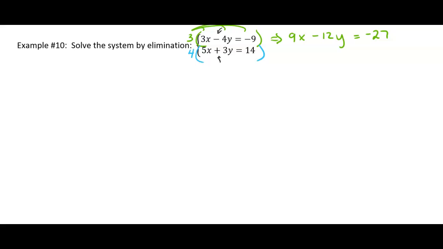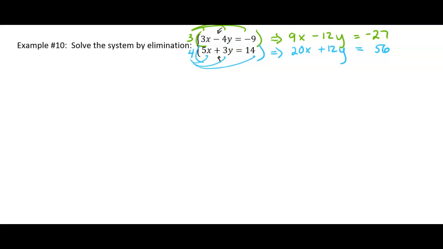The bottom equation is going to change also, and we're going to do the same thing. We're going to bring in that 4 to all 3 parts. So we get 20x plus 12y equals, okay, what's 4 times 14 real quick? 56? I think it's 56. Let me check my math.